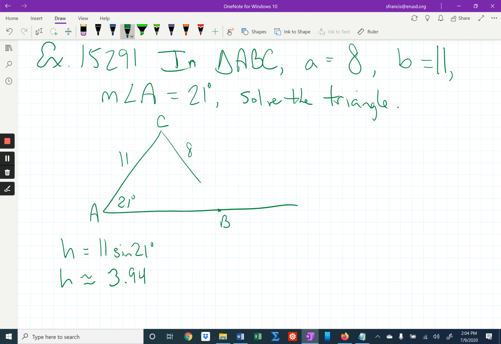And so 8 is obviously bigger than that and smaller than the adjacent. And so there are two triangles formed. 3.94 is smaller than 8, which is smaller than 11. This is the height. This is the adjacent side. And so we're talking about case number 3, two possibilities.